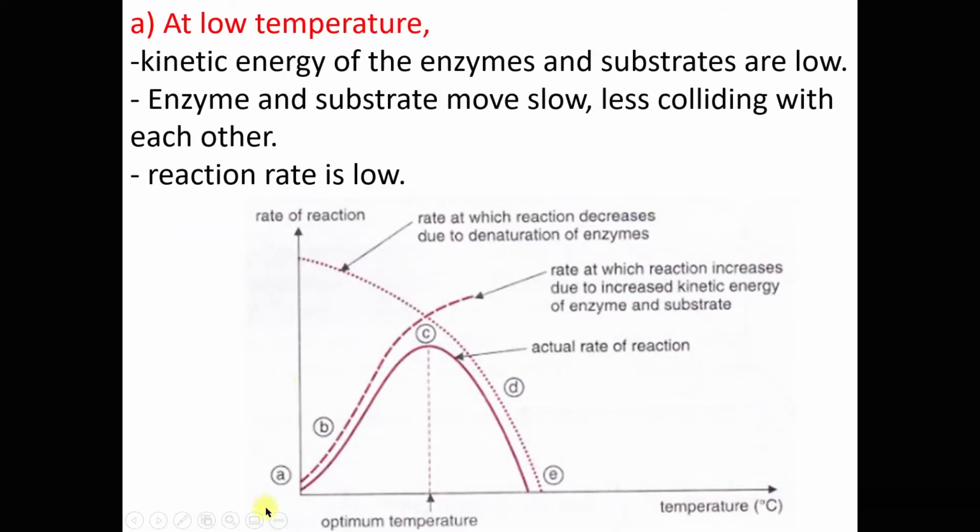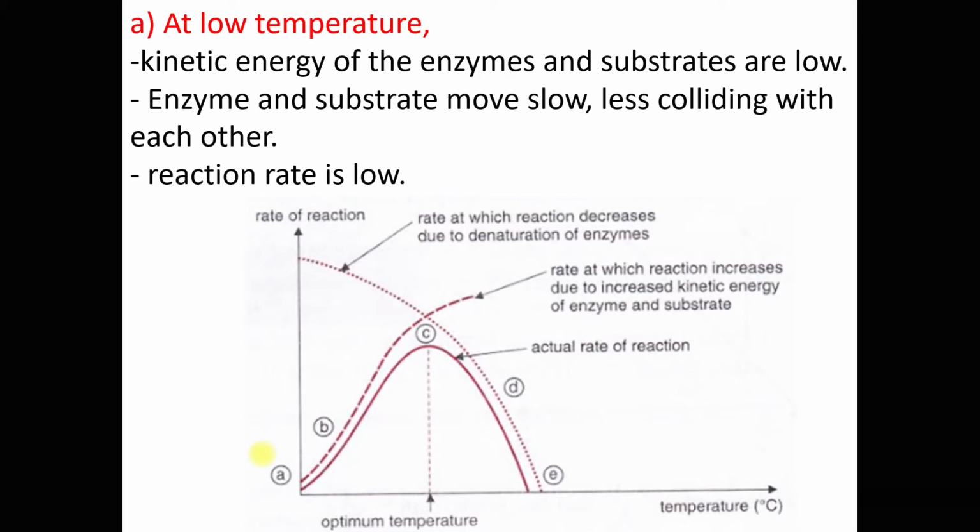Now at low temperature, which is at this starting point of the graph, the kinetic energy of the enzymes and substrates is low. Class, you need to know that both enzyme and substrate have their own kinetic energy.